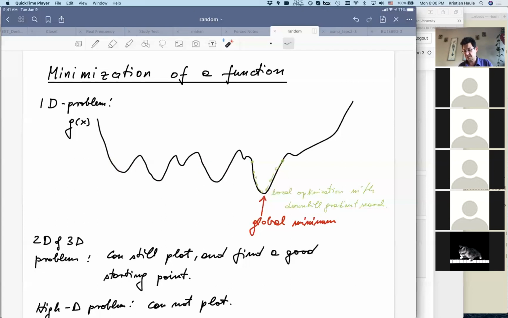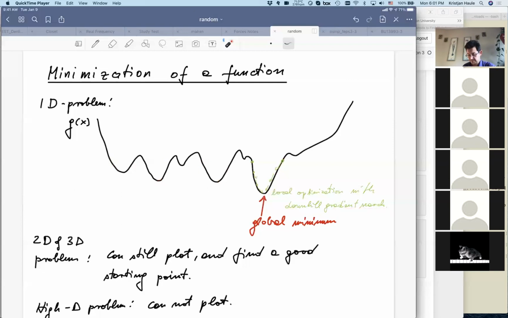But the trouble is that many times when you have lots of minima, you might be getting just another local minimum, which has nothing to do with the global minimum.